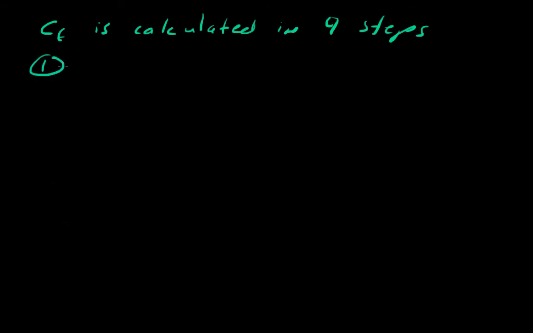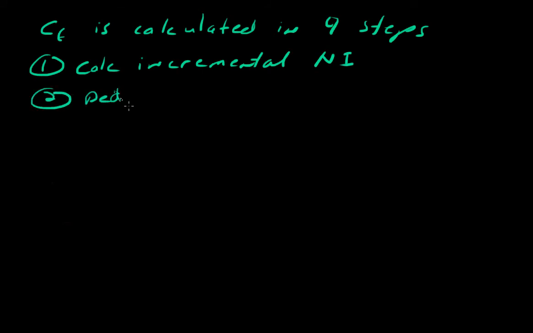Step 1, we calculate the incremental net income. Step 2, we deduct change in working capital. Step 3, we deduct new investment.